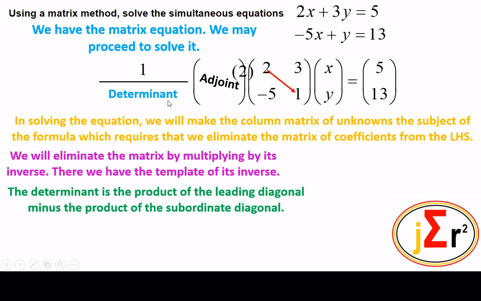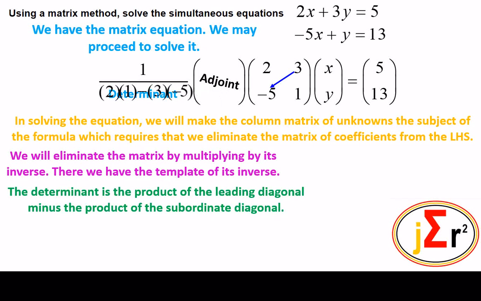So we'll have 2 times 1, minus 3 times negative 5. That is the subordinate diagonal, and we will, of course, subtract the product of that subordinate diagonal. The product will be 3 times negative 5.